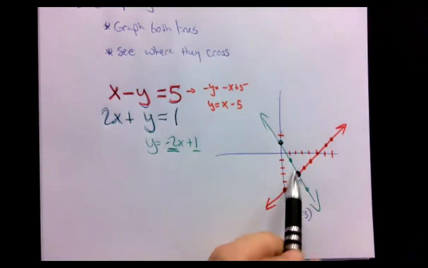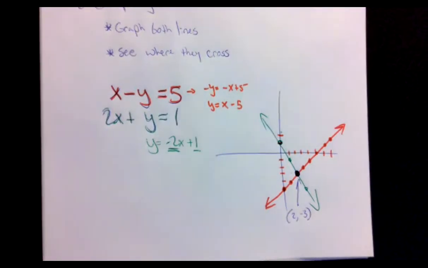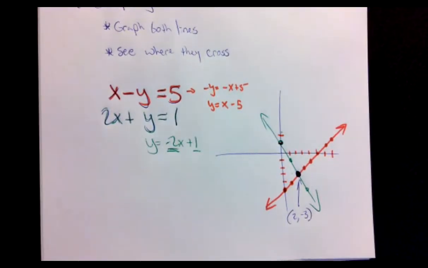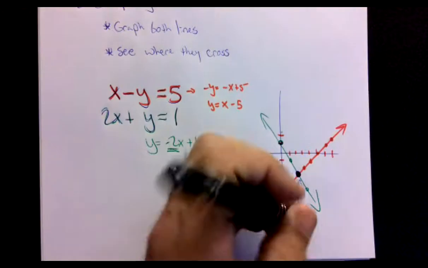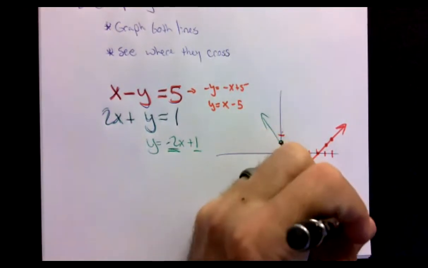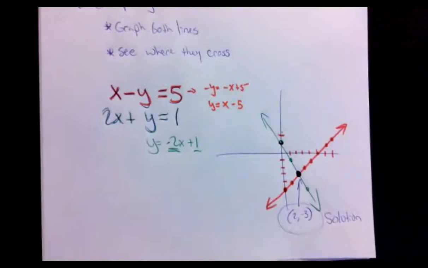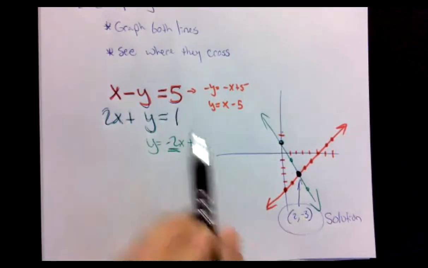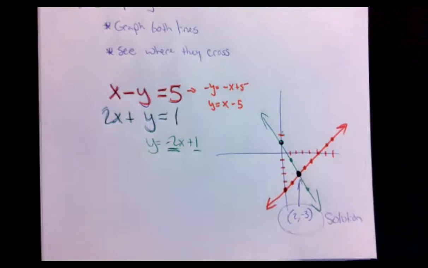This is easier to do with graph paper and straight lines, so that's why it took me a little bit. I just wanted to make sure I was on the right point. Okay, so this point here, (2, negative 3), is the solution to the system. Because if I plug my x and my y into either of these original equations, you're going to get a valid solution.